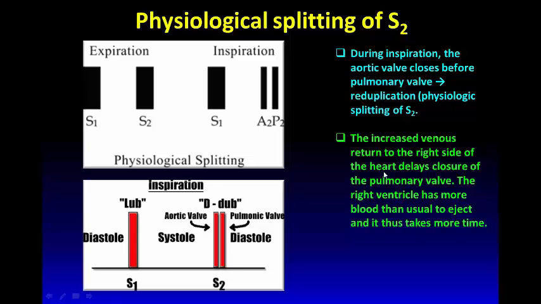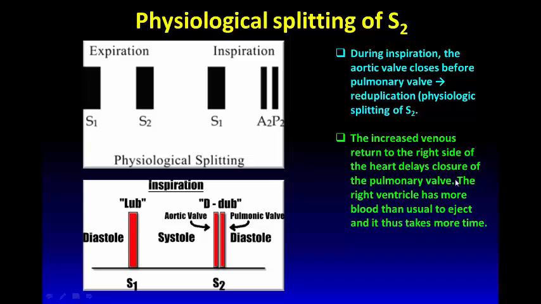So the right ventricle gets filled with more blood during inspiration, and its systole is thus slightly prolonged when the right ventricle begins to contract.